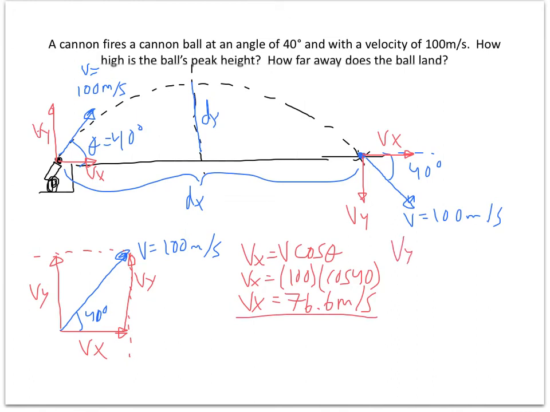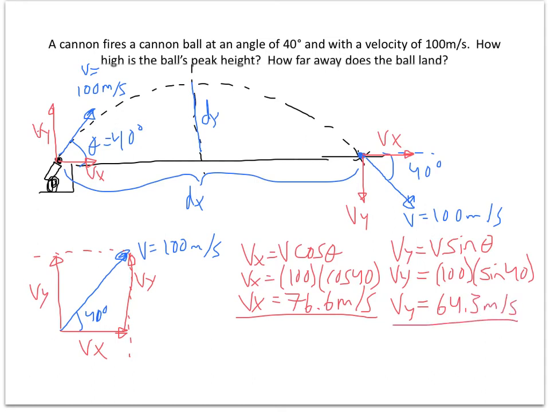And Vy equals v sine theta, so Vy equals 100 times the sine of 40, so Vy equals 64.3 meters per second. So now I have my components of these velocities.